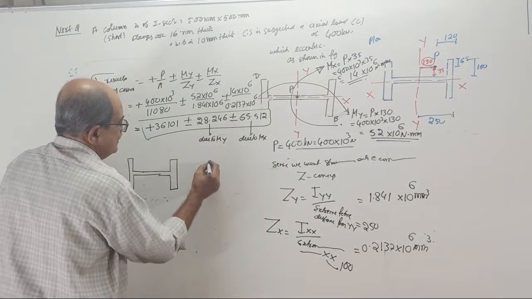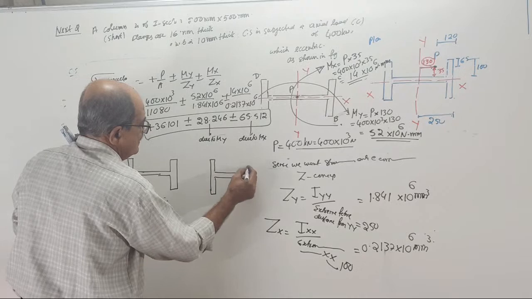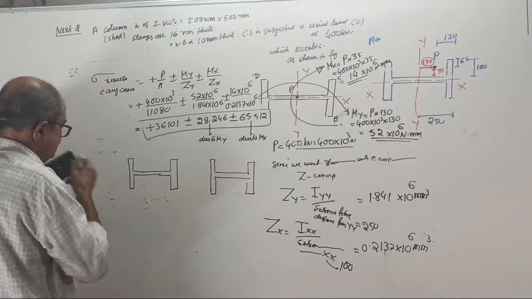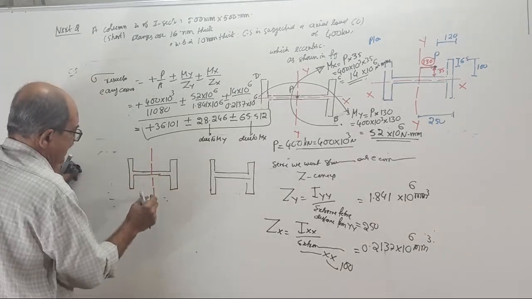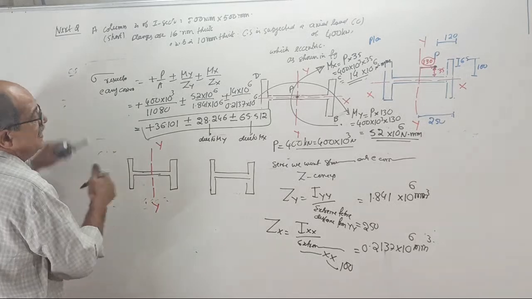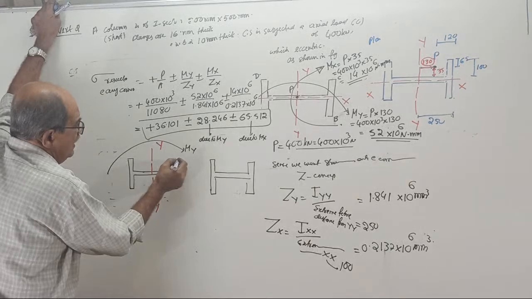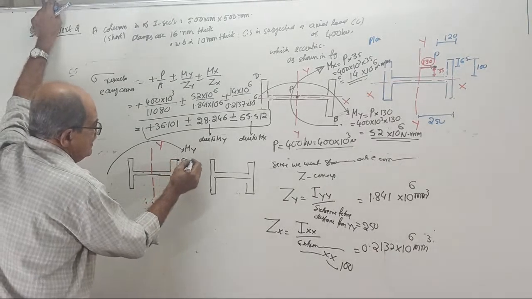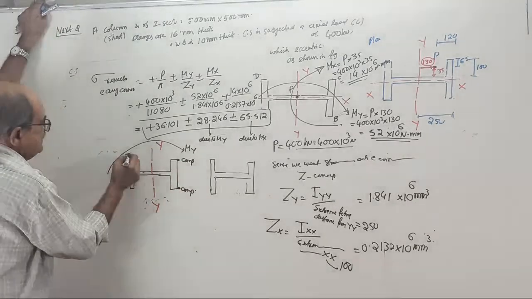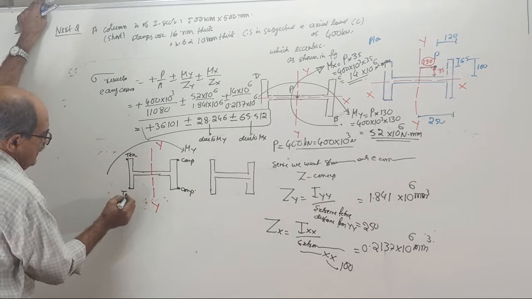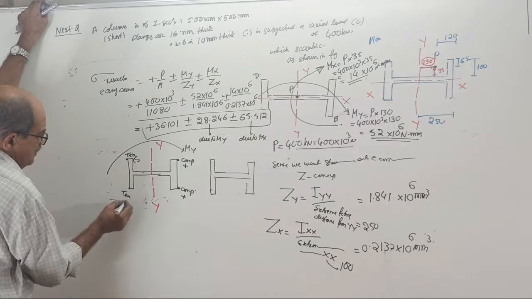Yy is here and My is like this. Therefore, due to My, here compression, here also compression, here tension, here tension. Therefore, use plus sign here, minus sign here.